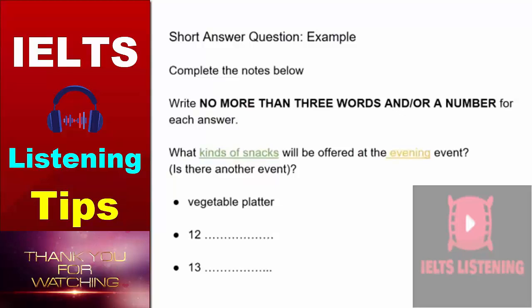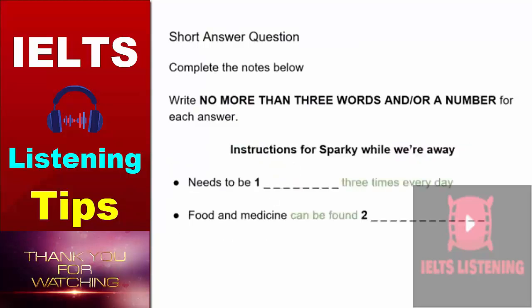But this is the type of thinking that will help you to predict what information to listen for and to try to avoid getting in the trap of listening for the wrong information or getting tripped up by things that you weren't expecting to be discussed by the speakers. Okay, so I would underline evening event as well as a prediction strategy for this set of questions.